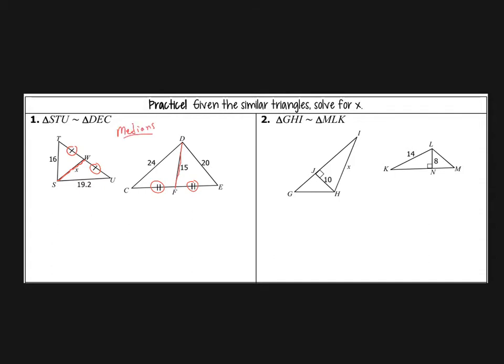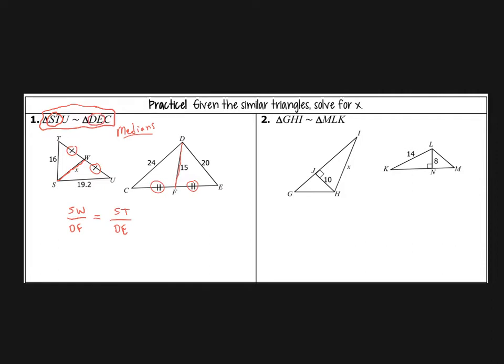So we know that if we have triangles that are similar, and these triangles are indeed similar, then the proportional statement SW, the median from the left triangle, is to DF, the median from the right triangle, is in proportion to, say, ST is to DE. And how do I know that ST rolls with DE? Well, ST are the first two letters here, and DE are the first two letters here.